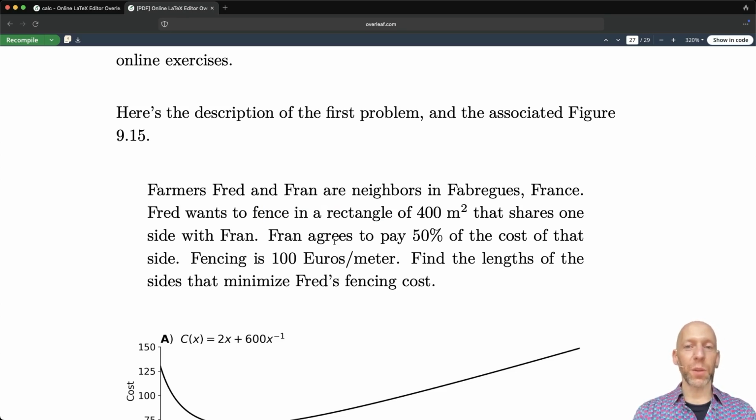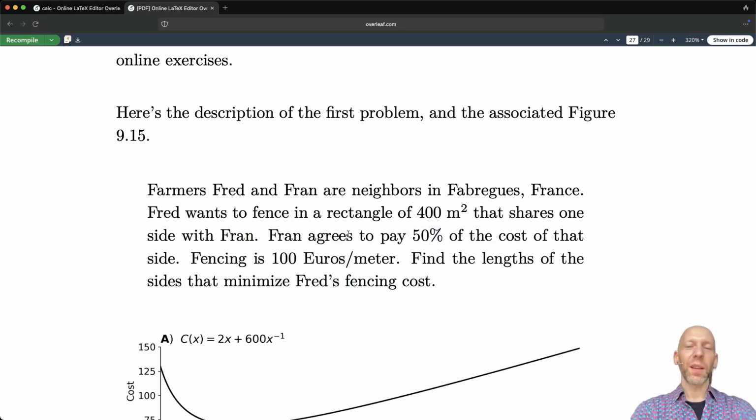But in fact, what we want to minimize here is the cost. And this is not the total cost of the fencing. It's only Fred's part of the cost. Fred is paying not for the entire fencing, but for 3 sides of the fencing plus half of whatever side shares the wall with Fran.